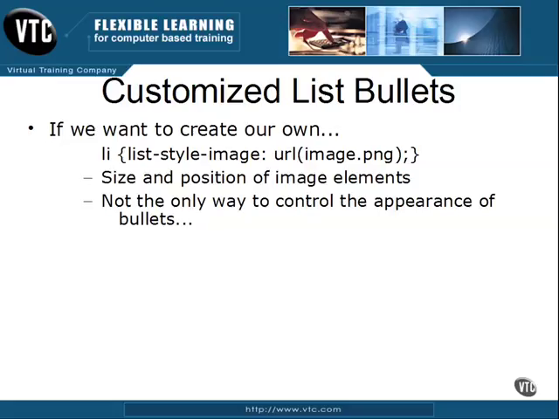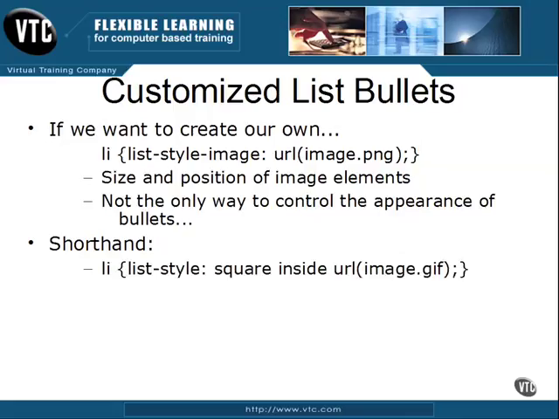Now, before we actually jump into the sandbox to see this in action, there's one last thing we want to mention about lists. Now, just like with backgrounds, fonts, paddings, borders, and margins, we have a shorthand way of defining our list style. So instead of having to state list style type, list style position, list style image, we can condense it all down into a shorthand method of writing it, which is list-style, and then state the type, the position, and then if we are using an image, we can state it there.